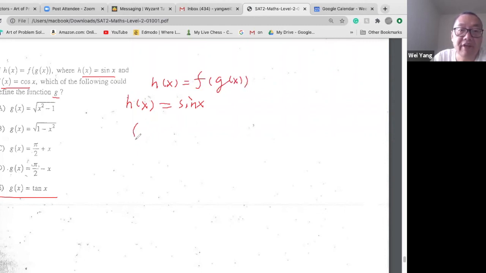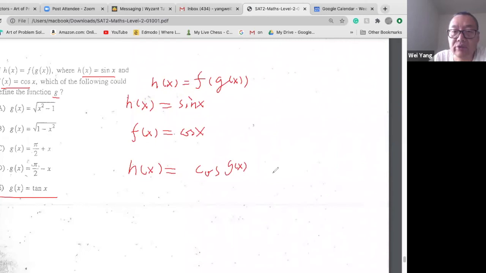Then fx equals cos x. So then we can write hx equals cosine gx. hx also equals sin x. So then how can we define gx?